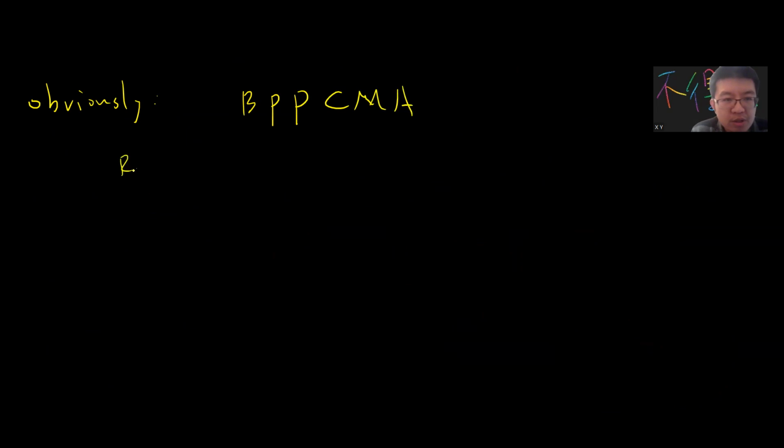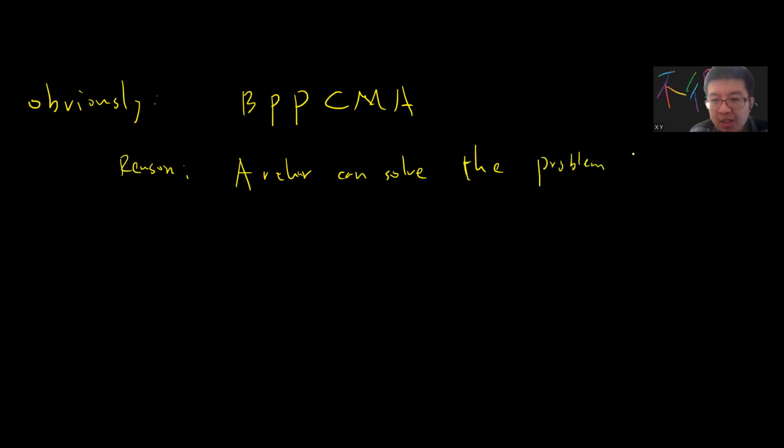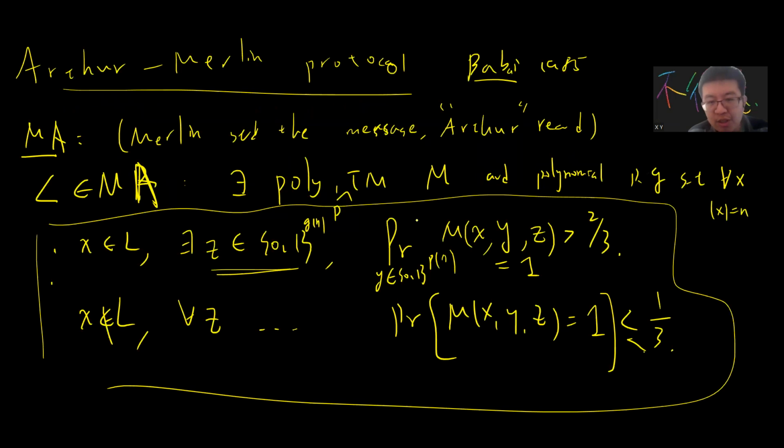The proof is very simple, because Arthur can solve the problem himself. Whatever Merlin gives Arthur, Arthur can neglect this Z and directly solve it. By definition, BPP means that the probability that M(X,Y) accepts is greater than or equal to 2/3.